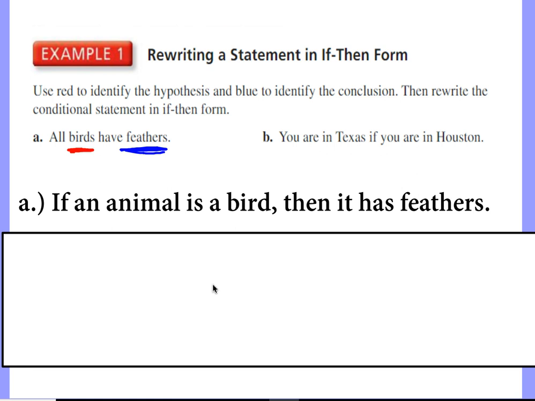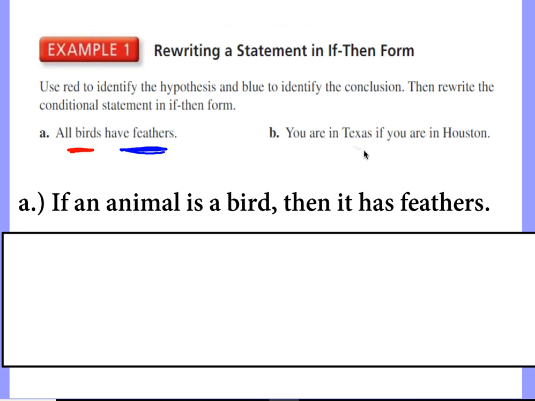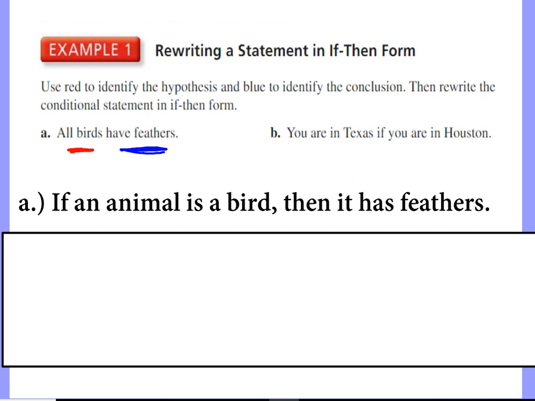What about our next one? Our next one says, you are in Texas if you are in Houston. Now be careful on this one. The hypothesis, the original part of our conditional statement, is if you find yourself in Houston. So if you find yourself in Houston, then what happens because you are in Houston?